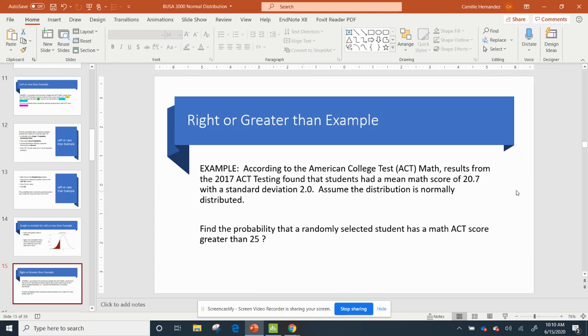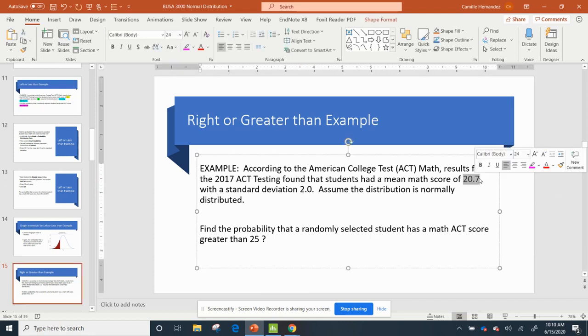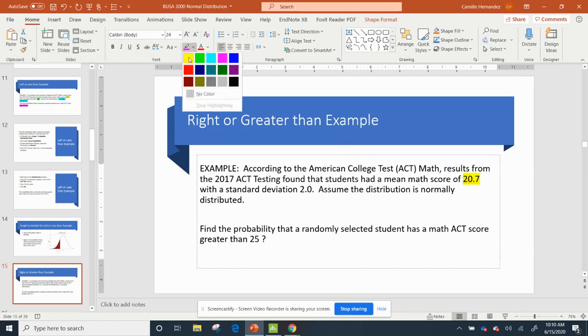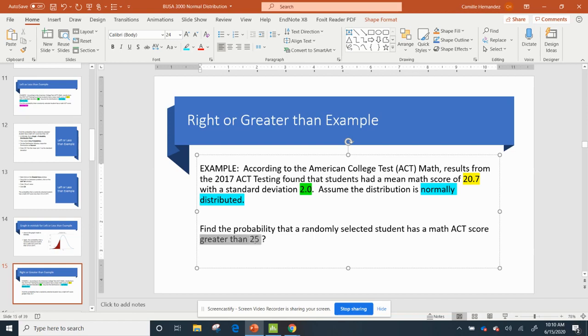Okay, again, yellow's showing me my mean, and it's 20.7. My standard deviation, again, I'm going to put in green just so I have it all highlighted. And again, I'm assuming normal distribution in blue. That's so important. Okay, but now it has greater than 25. And I'm going to highlight that again in purple. Okay, so that's my greater than or my right-tailed.